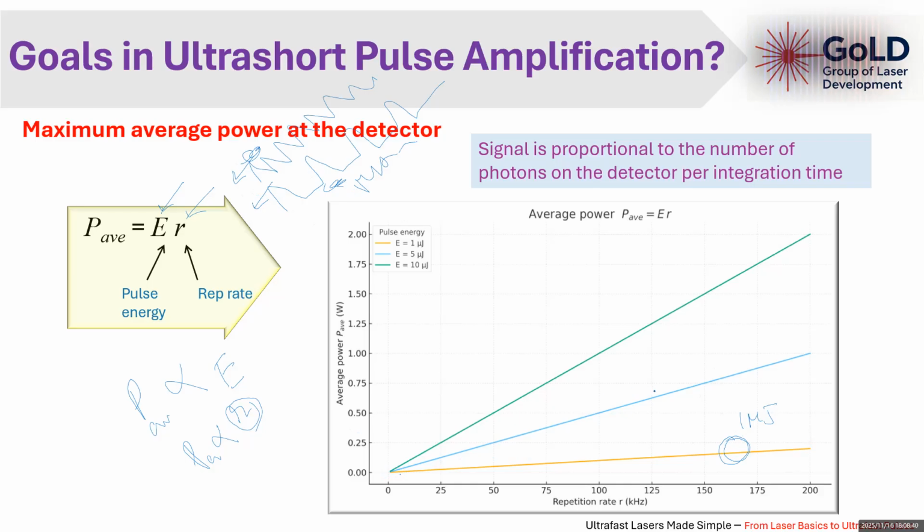But if we have 5 microjoule here, then you can see the repetition rate is increasing and the average power is increasing more sharply as compared to this one. And if we increase the pulse energy more, that is 10 microjoule, then the increase is very prominent. And it shows exactly the proportionality.